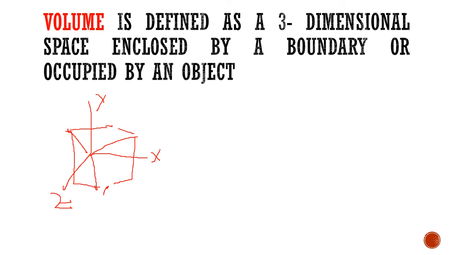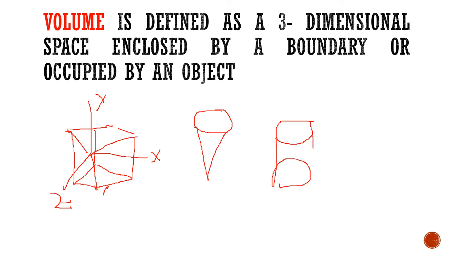So, yan. Bear with my drawing. Example natin is yung ating cube. Ayan. For example, yung cube is a 3-dimensional shape. Ano pa ba yung mga ano? Yung cone is a 3-dimensional shape. Also, yung cylinder is a 3-dimensional shape.